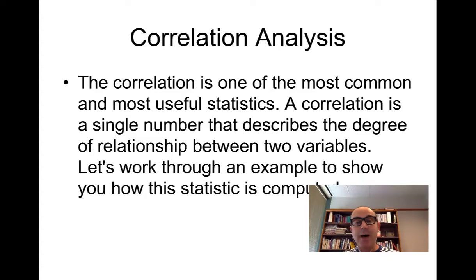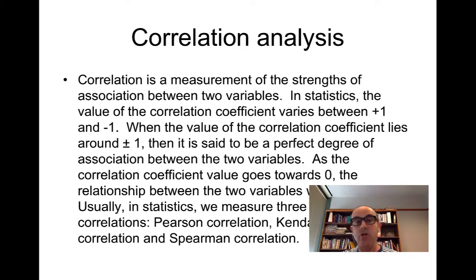Let's work with an example to show the statistic to compute. When we are talking about correlation, we are talking in terms of +1 or -1, where we also have zero, which shows that the relation between the two variables is very weak when it's very close to zero.